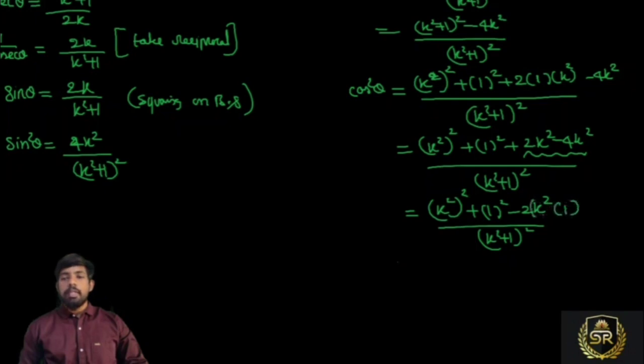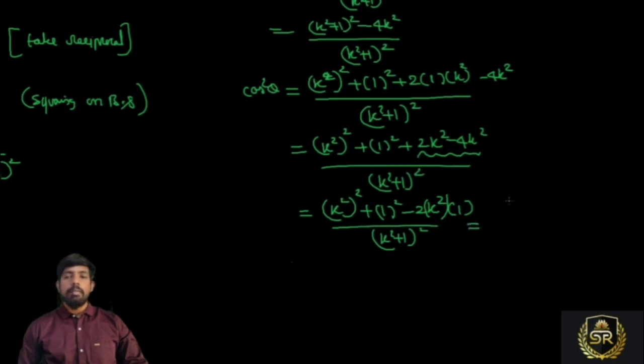This is a square plus b square minus 2ab, which is the formula for a minus b whole square. So we get a minus b whole square by k square plus 1 whole square. Can I write overall square?